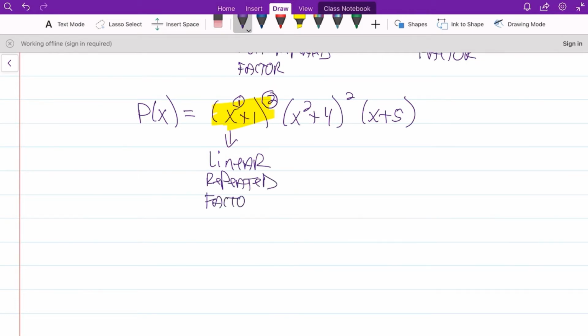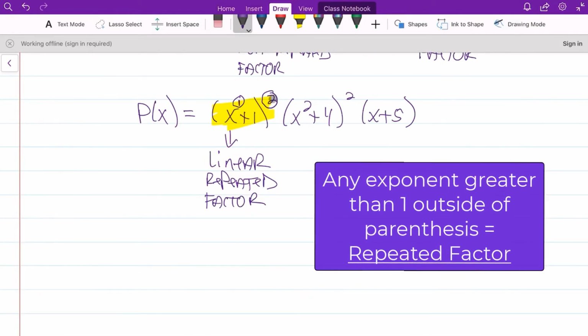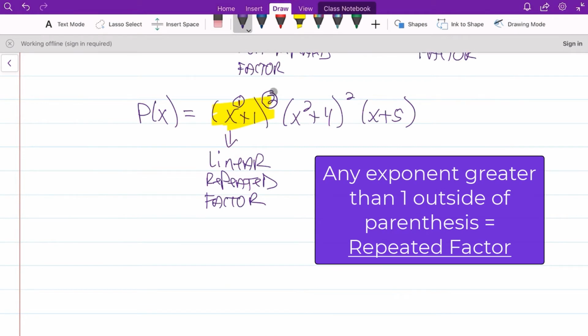And you have to deal with the repeated factors a little differently. That's why we're making this delineation here. We're separating these into categories. And that's how these problems are going to go. They're going to be separated into categories, and that's how I'm going to do the videos. All right? So if the exponent on the outside is bigger than 1, it's going to be considered a repeated factor.